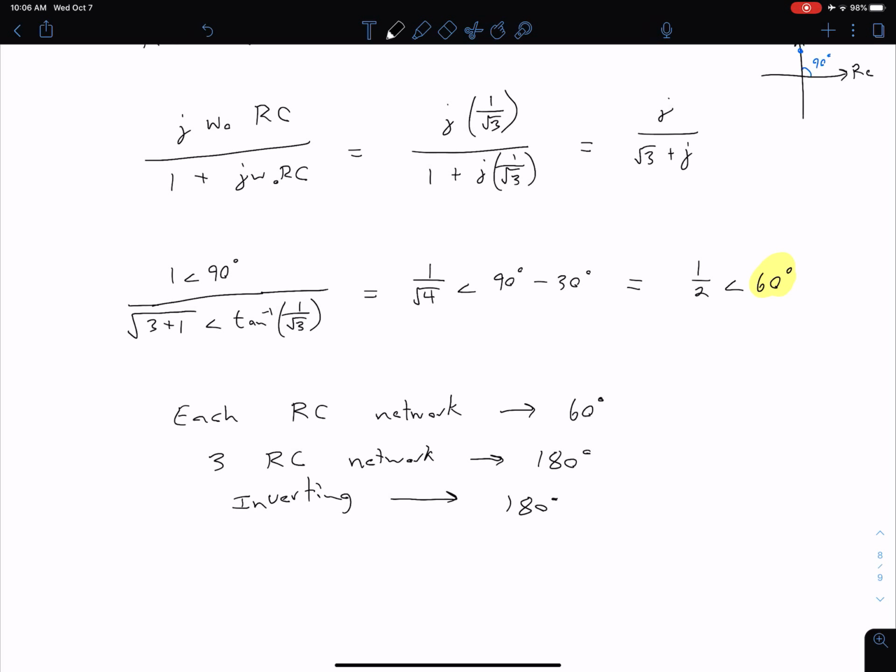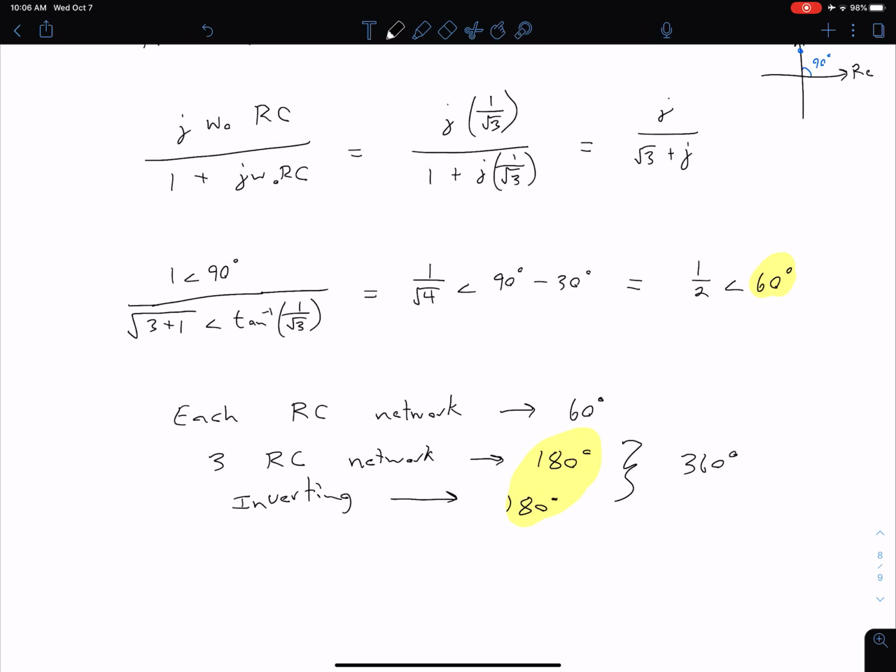So if we consider these two together, what we have is a 360-degree phase shift. And so for our loop gain, this means that we're in the case of having some n times 360, where n is 0, 1, 2, 3, and so on, in order to get our oscillation.